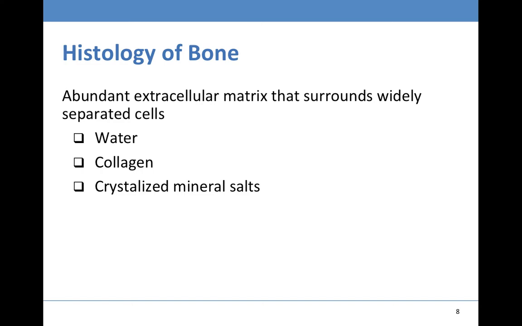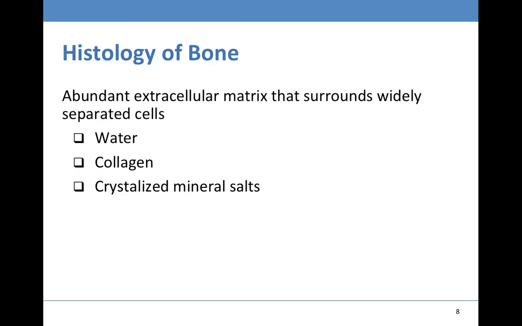And this process of calcification can only occur in the presence of collagen fibers. So if we don't have any collagen fibers present in our extracellular matrix, we will not actually create bone. We will just have mineral deposits. So we need the collagen to be present with the mineral salts for us to actually go through our calcification process.